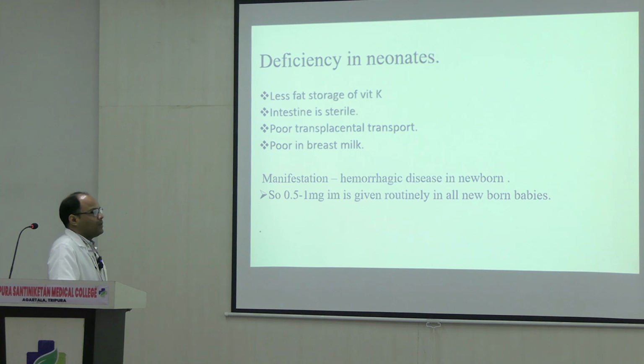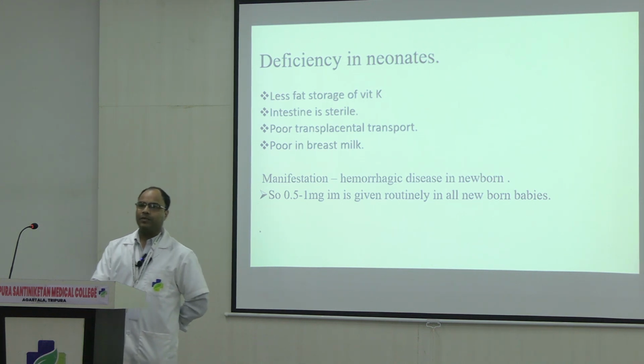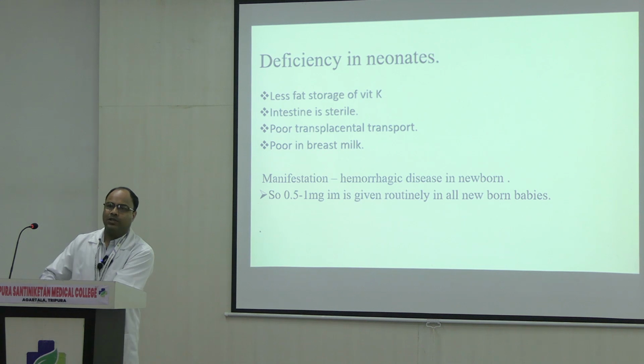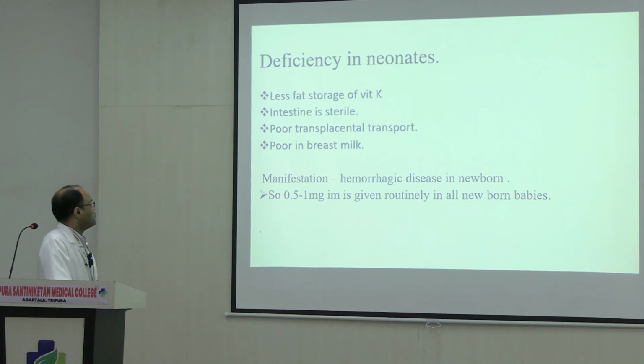Why is there a deficiency in newborns? We may ask you in the viva exam: why is there vitamin K deficiency in newborn children? There are some reasons: less fat storage of vitamin K in newborns, poor transplacental passage of vitamin K, and the intestine of a newborn is sterile.